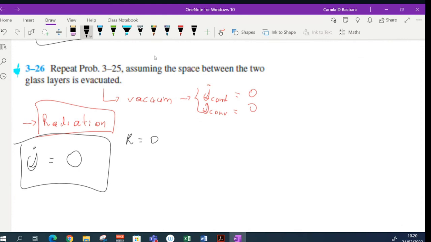Therefore, if we are not considering radiation, the heat transfer through this window, if I have a vacuum, would be 0. Okay? If the problem told you to consider radiation, then you could go ahead and find your resistance due to radiation. I'm not going to do that here. It's a conceptual problem for you to think a little bit, okay?